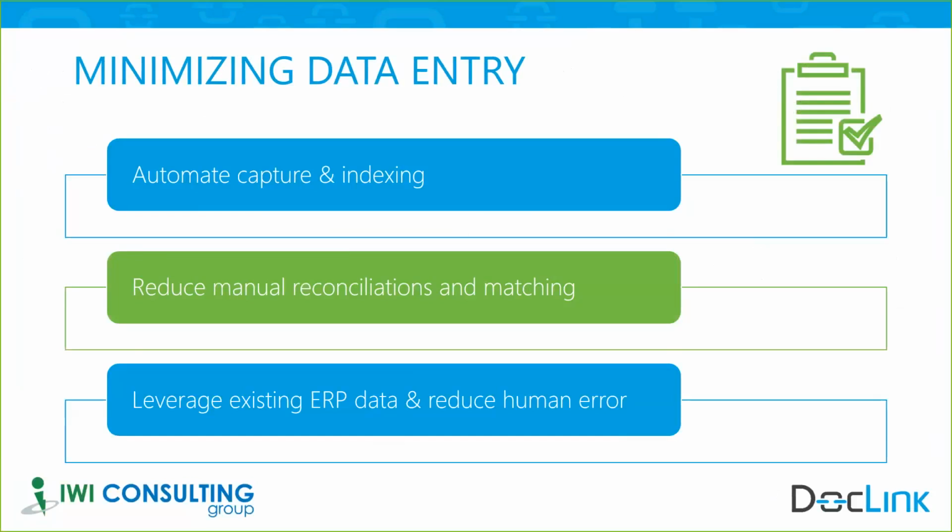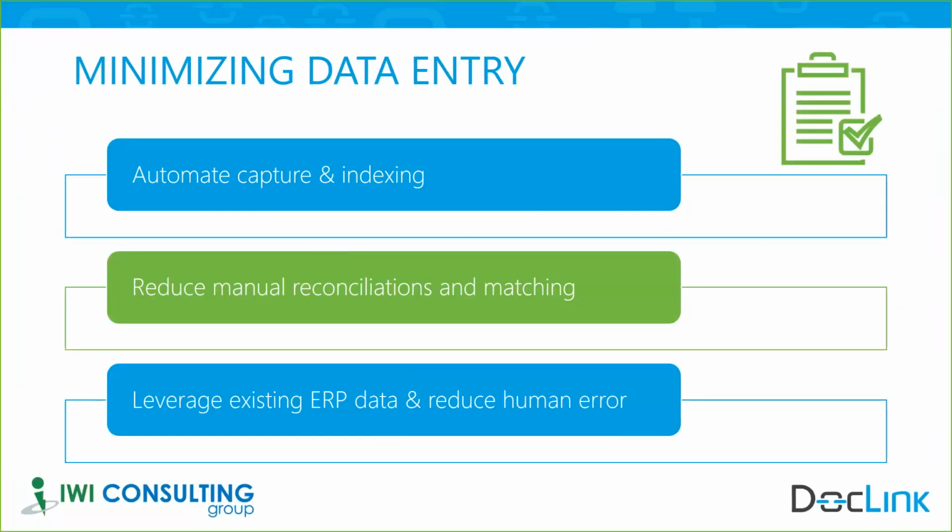DocLink gets that information through email, fax, scanning, barcode, and OCR can automatically index as much data as possible and only send exception cases for user review. This saves time on reconciliation and matching because the machine will be applying the rules for you. And of course, this minimizes data entry during the process by leveraging existing ERP data.